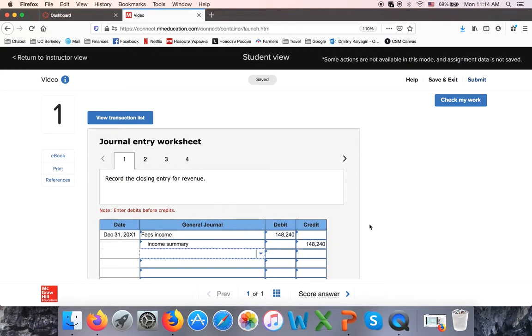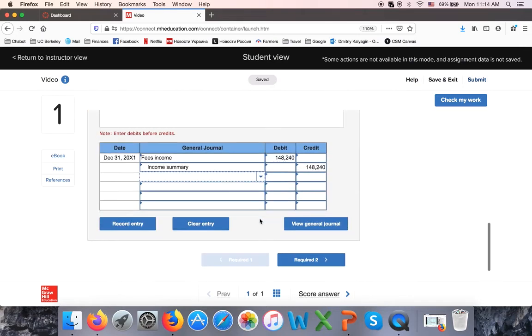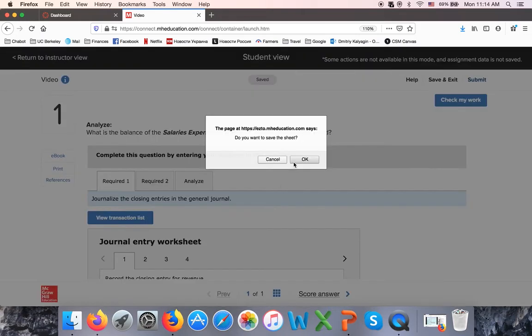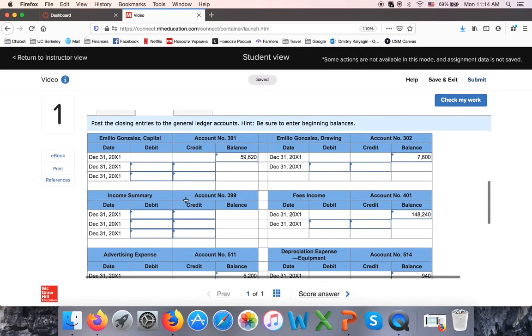Ta-da! First journal entry. Let me go to the ledger right away and post this. So fees income, what we did, we posted, so you have to write also the word closing. So we debited fees income.